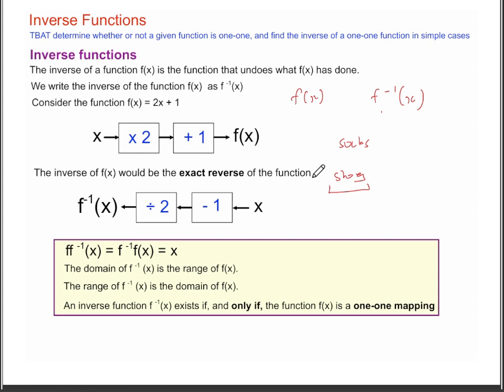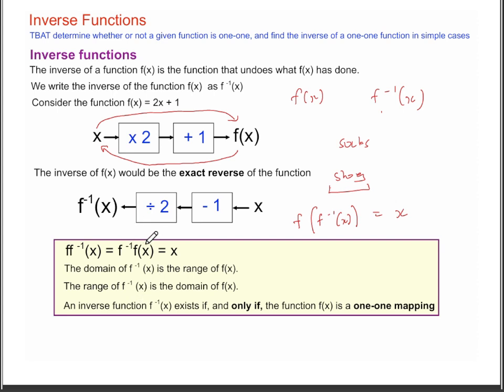Also, you should know this, and you know how composition works now: if you take a function and put an inverse function inside of it, then you will get the original value back. Why? Because you're putting in x, then you're undoing what you just did, so you get back to x.